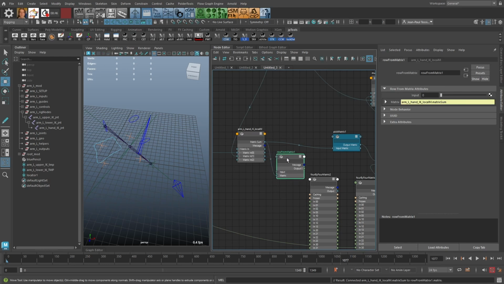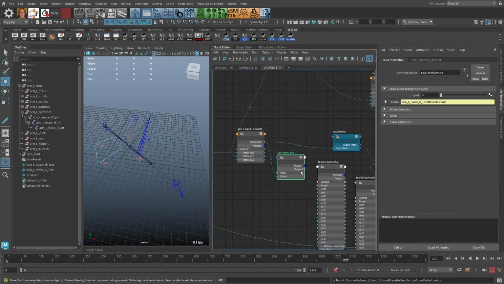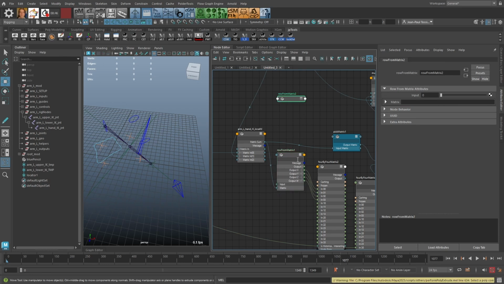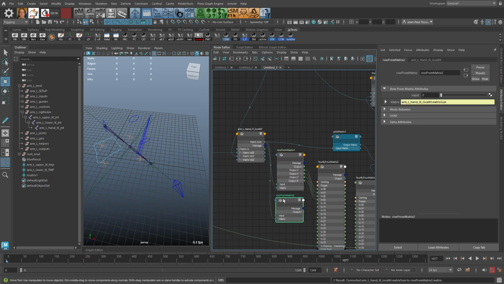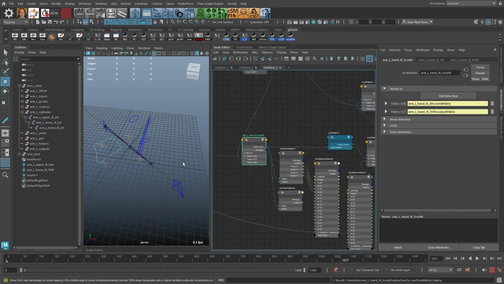If we set this row from matrix to 0, we just basically get the basis vector x. So we can take the output of this and plug it into the basis vector x plugs, and then we can duplicate it and plug the same matrix in, which is the rotation local matrix that gets us from the lower arm position to the hand IK control position.